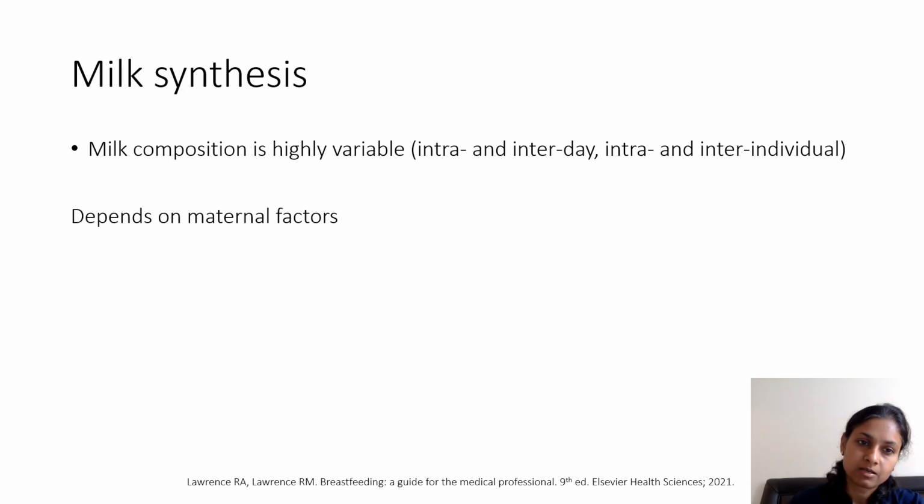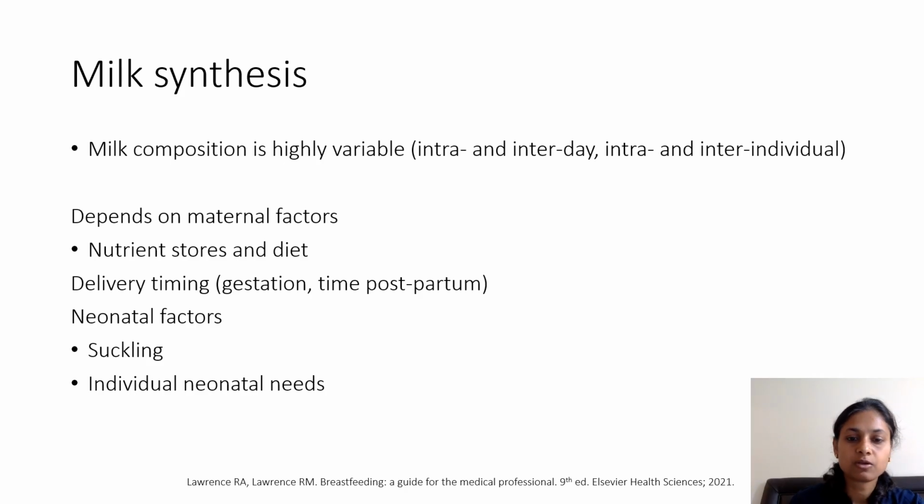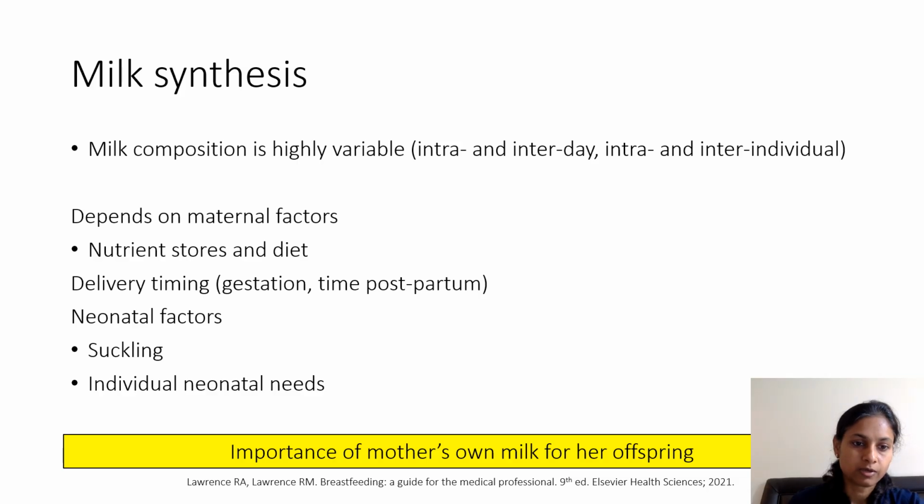These depend on maternal factors like nutrient stores and the maternal diet, and also the delivery timing, as to when the mother has delivered, at what gestation, and the time postpartum. And neonatal factors such as the suckling, the removal of milk from the maternal breast, how much milk is removed, and also individual neonatal needs. So it is specific to the neonate. This shows the importance of mother's own milk for her offspring.